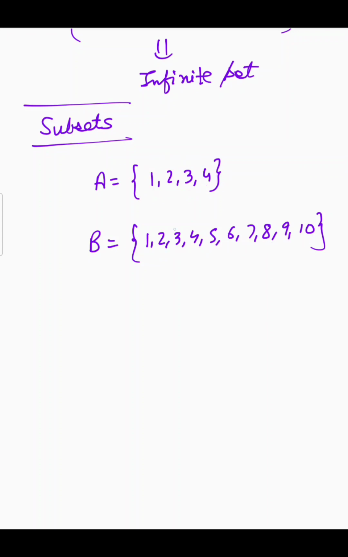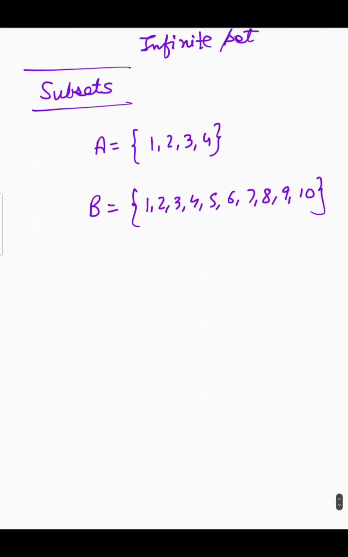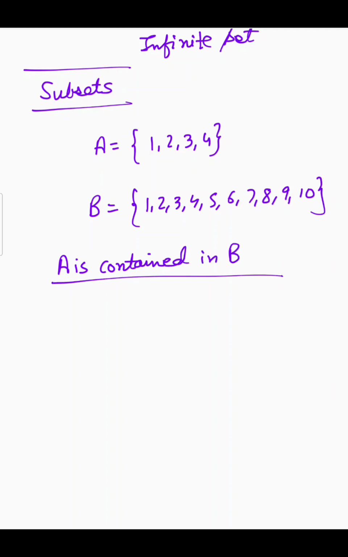All the elements of A not only belongs to A but also belongs to B, and B is the largest set. So we can write that A is contained in B. A is contained in B.